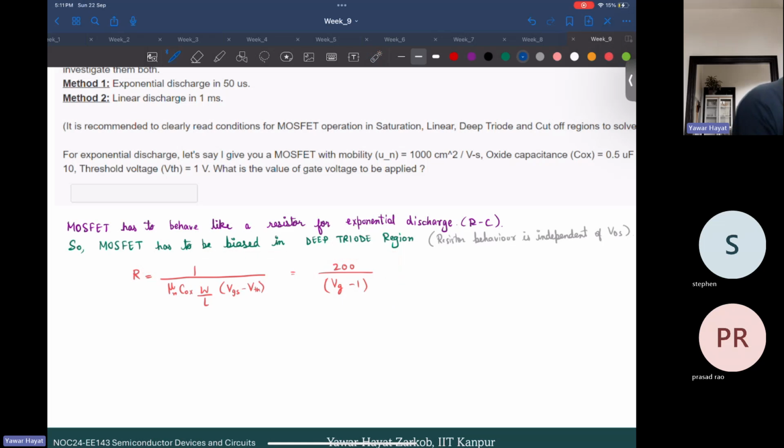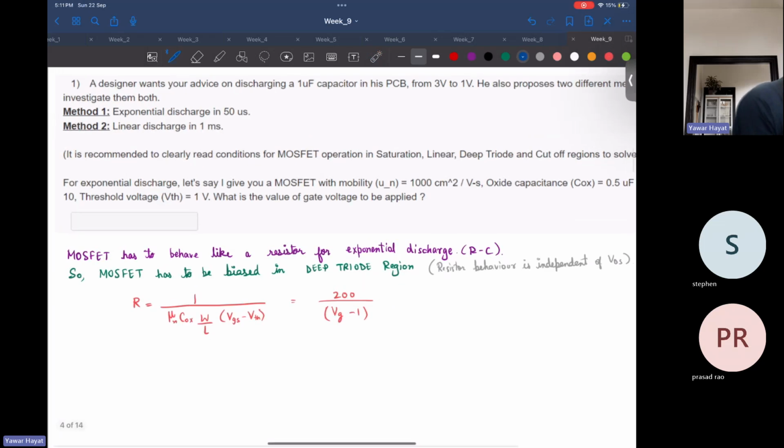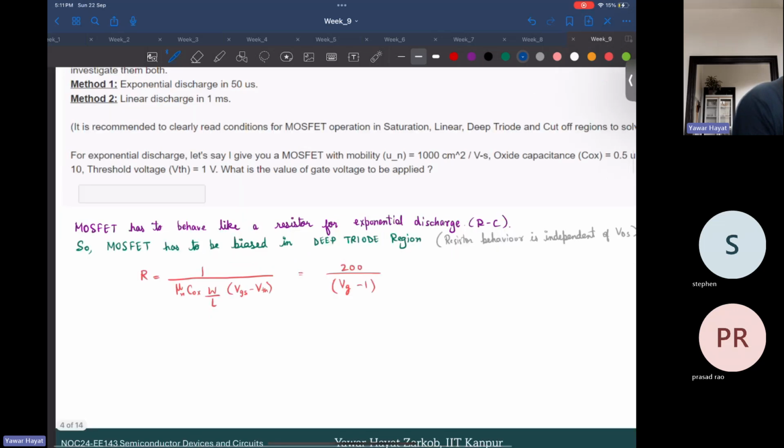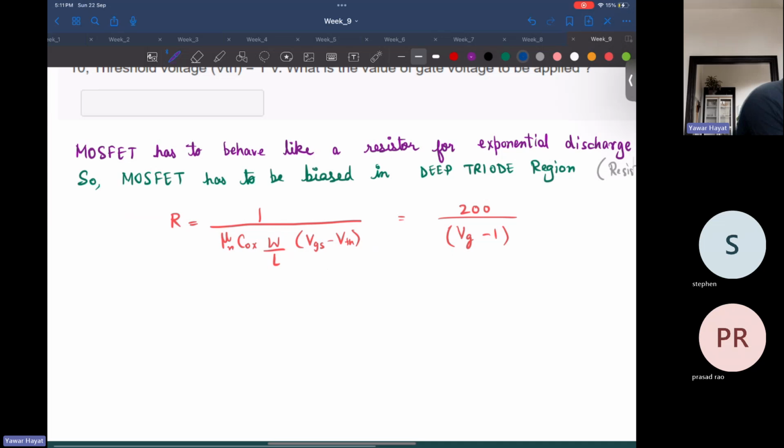Now, what is your discharging equation? If it's an exponential discharge, it would be following. Your V of t would be your V of 0 times exponential of minus t by RC, right?